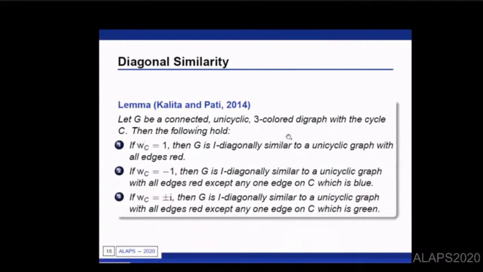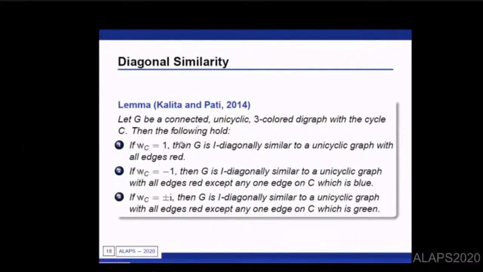And in view of this, whenever the weight of the cycle is 1, there are many things in the literature, because it is I-diagonally similar to a unicyclic graph with all edges red, and there are many results. Almost everything is there in the case of unicyclic graphs with all edges red. So we are not going to discuss those unicyclic three-color diagrams whose weights are 1.